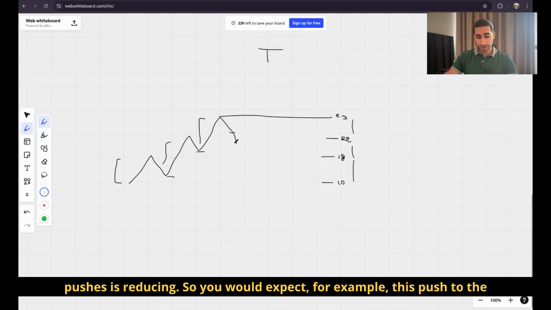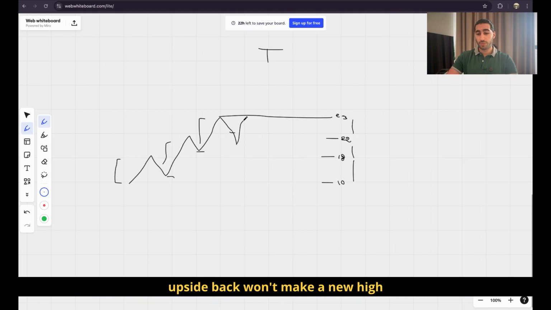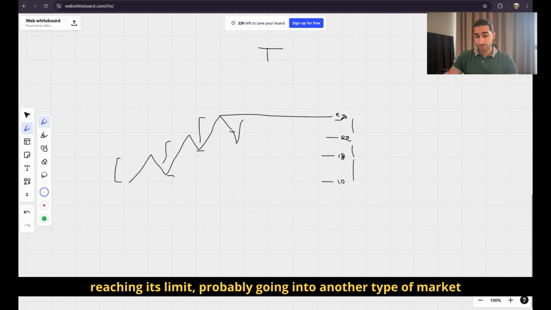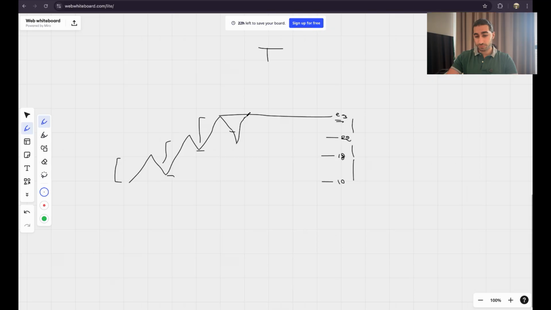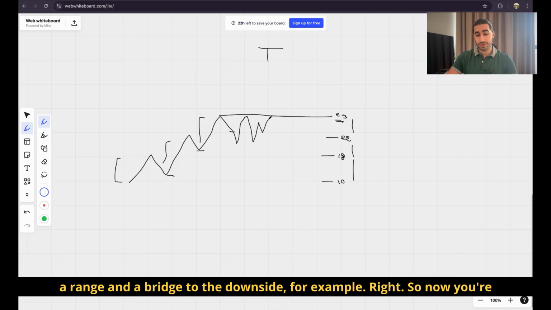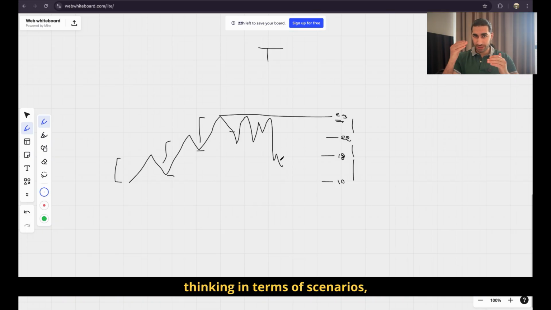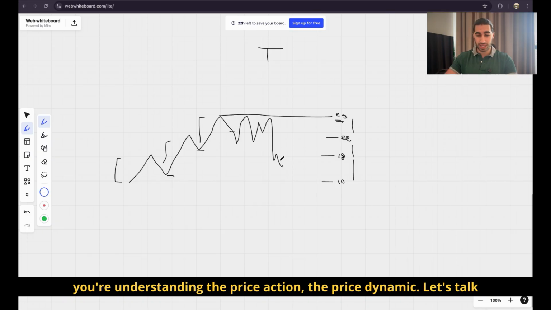So you would expect, for example, this push to the upside back won't make a new high, reaching its limit, probably going into another type of market structure that might either be a range and a bridge to the downside, for example, right? So now you're thinking in terms of scenarios, you're understanding the price action, the price dynamic.